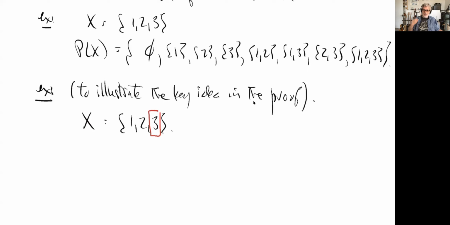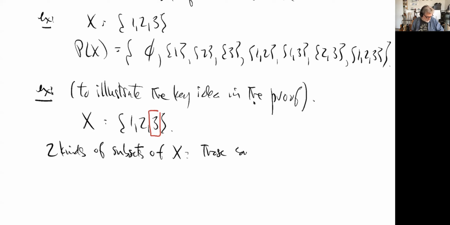I'm going to look at two kinds of subsets of X: those containing 3, and those that don't. Very deep, right? So there are subsets that contain 3, and there are subsets that do not contain 3.